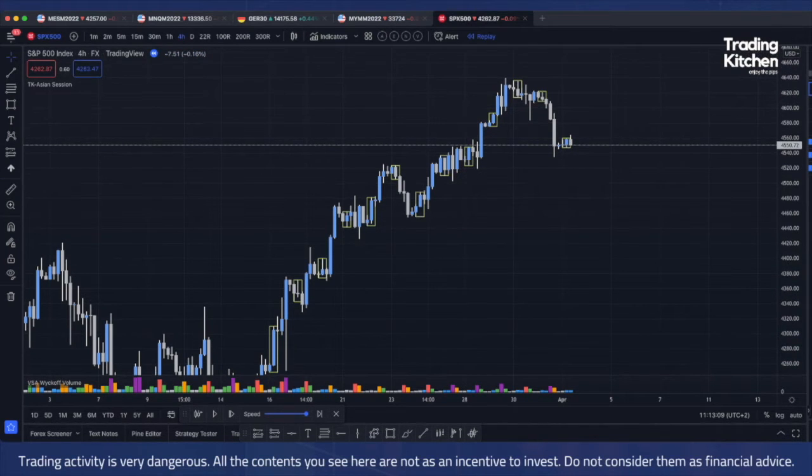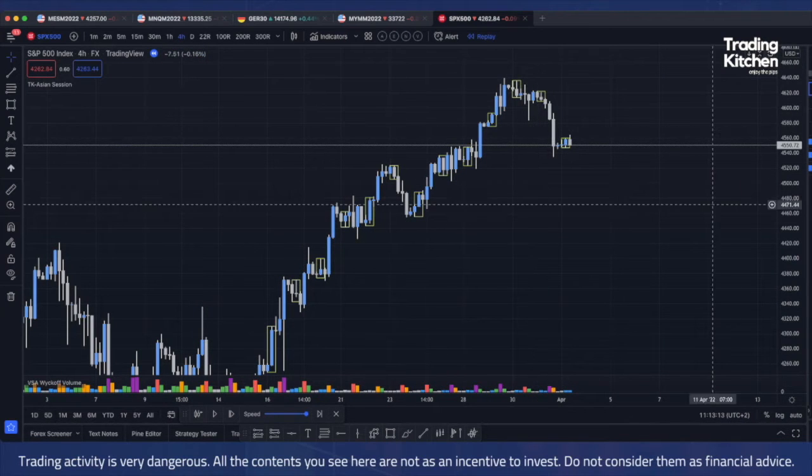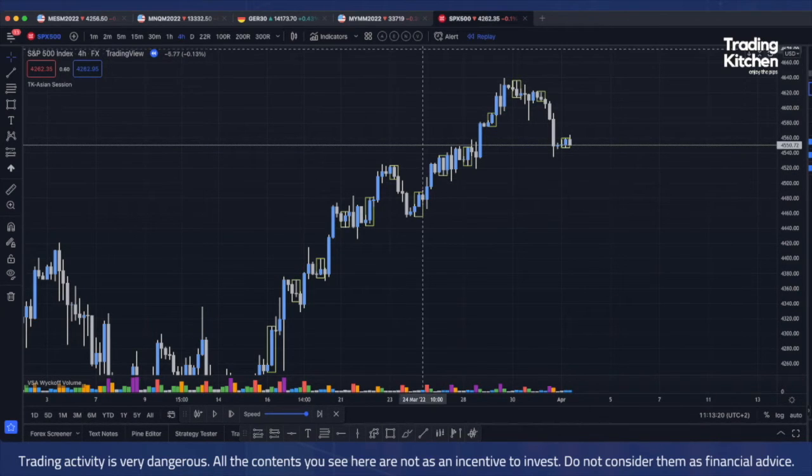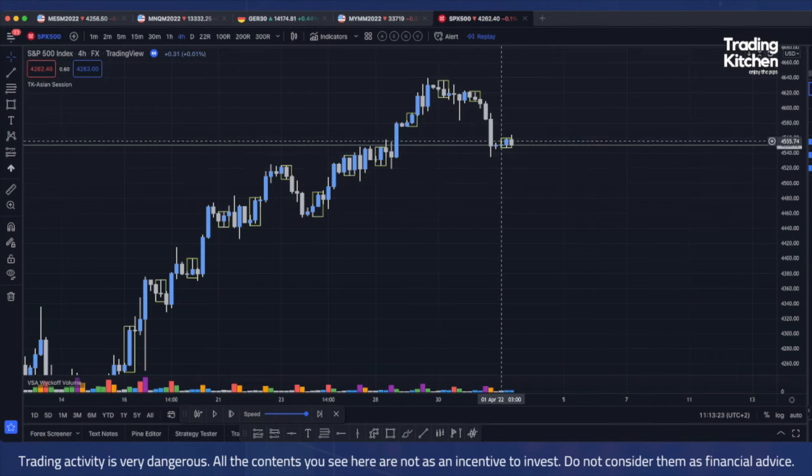For me, multi-time frame analysis is something that I cannot avoid. It is very, very important. The green boxes that you see are the Asian session, which is for me very important as well.